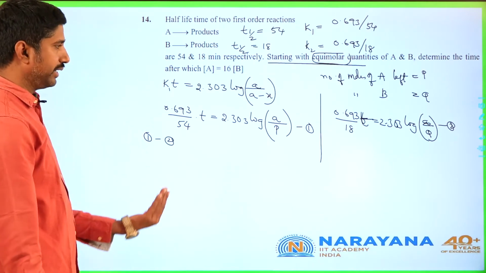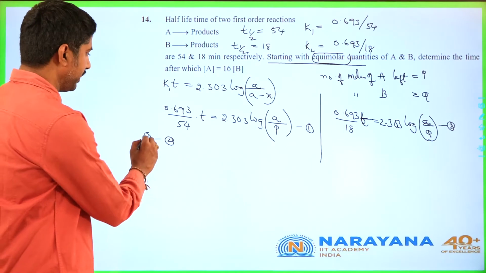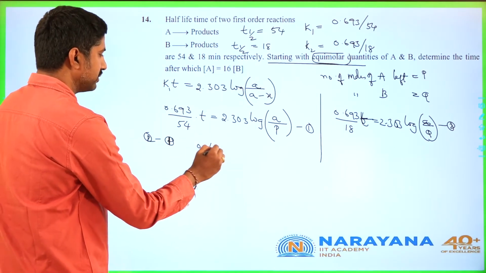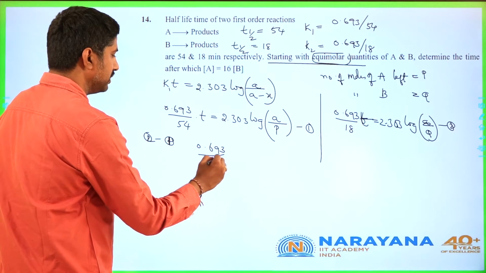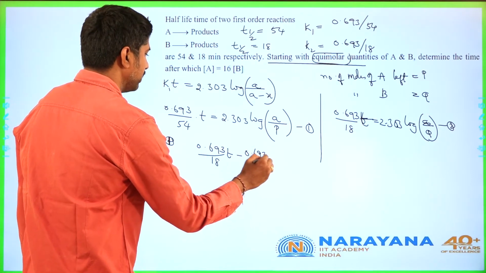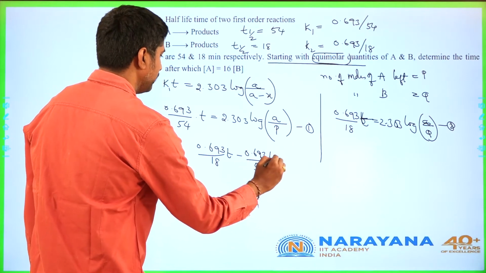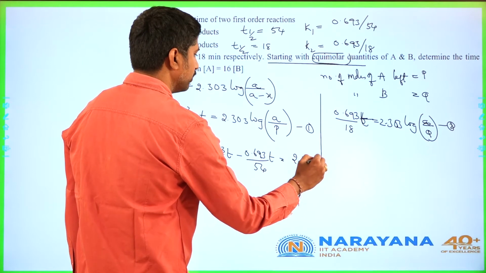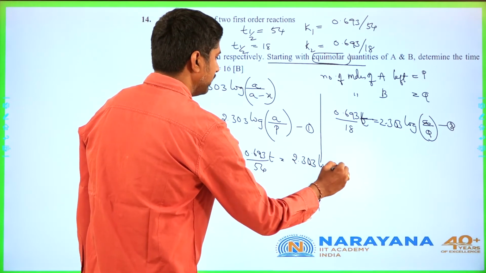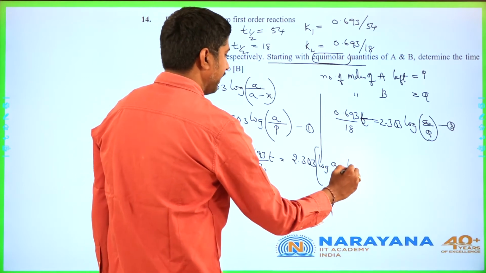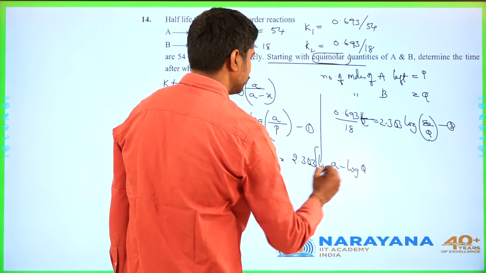So 0.693 by 18 into T minus 0.693 by 54 into T is equal to 2.303 log A minus log Q, okay?